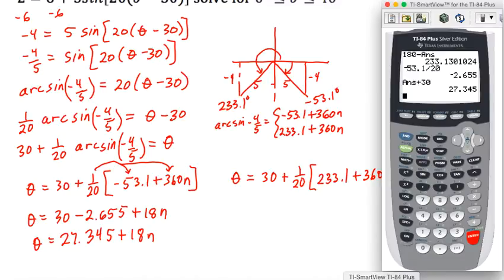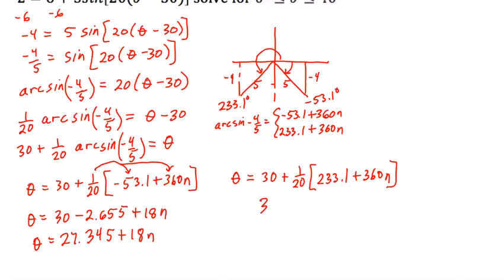Then let's do this again over here for 233.1 divided by 20. That's 11.655. 30 plus 11.655 plus, again, make sure you distribute, 18n. And that's going to be 41.655 plus 18n.